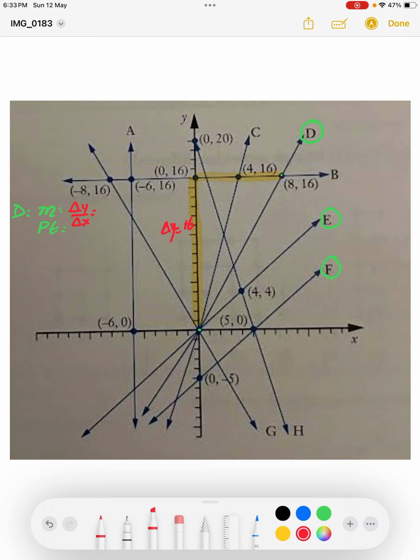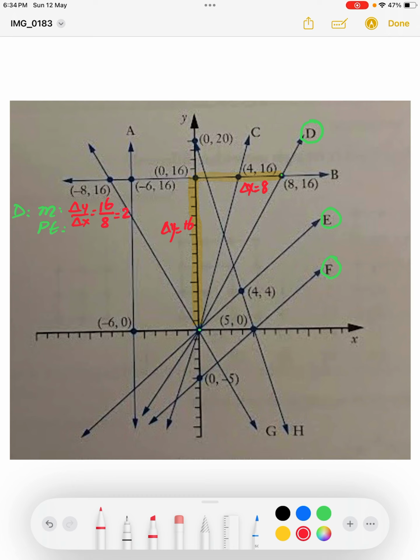So delta x is 8. It went up 16, across 8 between those two points on line D.